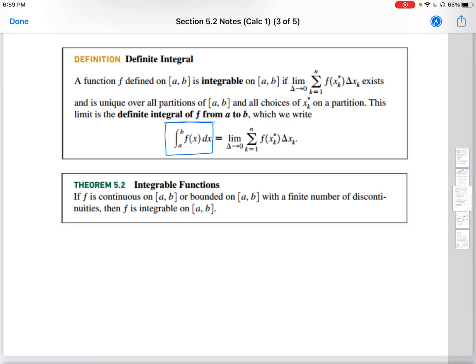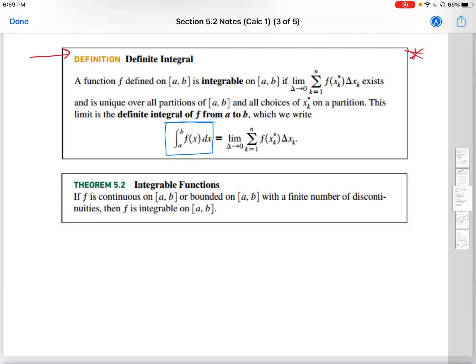This is our important definition for the section. The definite integral. The function f defined on the closed interval from a to b is integrable on the closed interval from a to b if the limit as delta x approaches 0 of the sum from k equals 1 all the way to n of f of xk star delta xk exists and is unique over all the partitions of the closed interval from a to b and all choices of xk star on the partition.